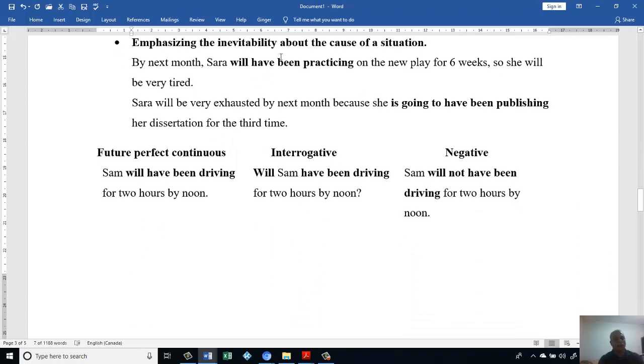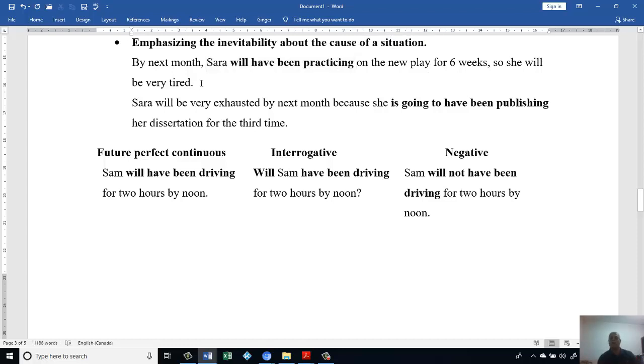Emphasizing the inevitability about the cause of a situation. By next month, Sarah will have been practicing on the new play for 6 weeks, so she will be very tired.